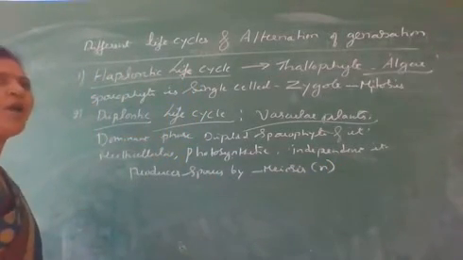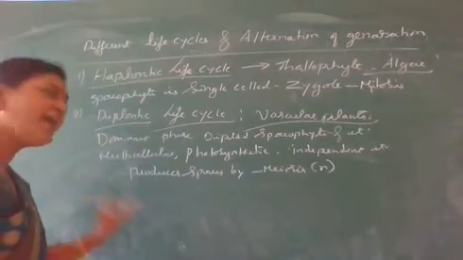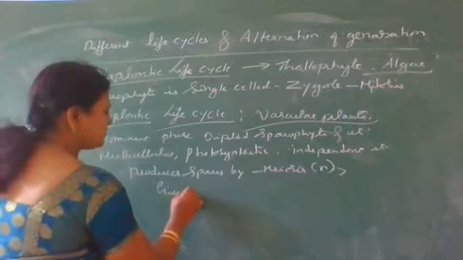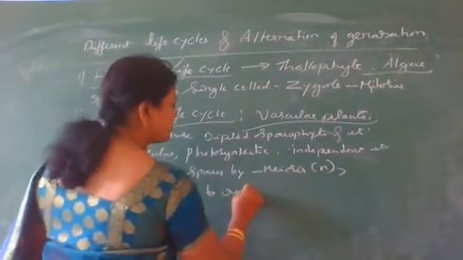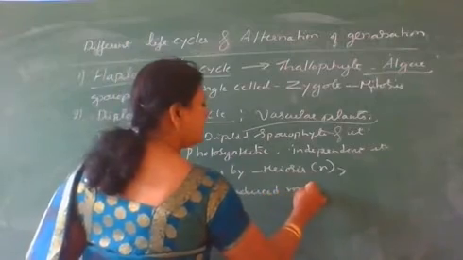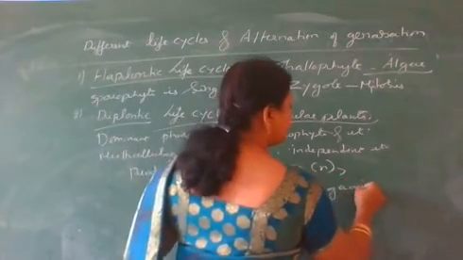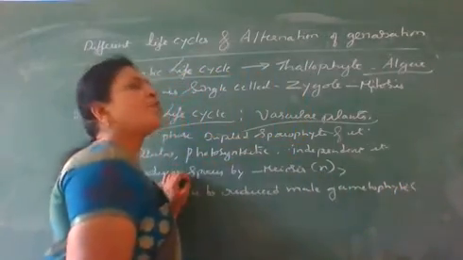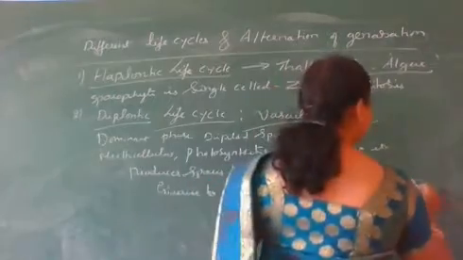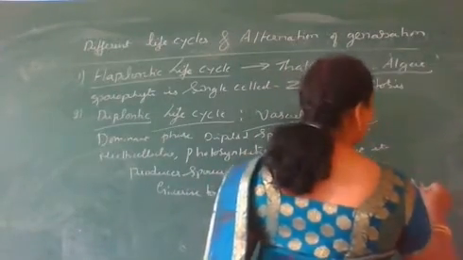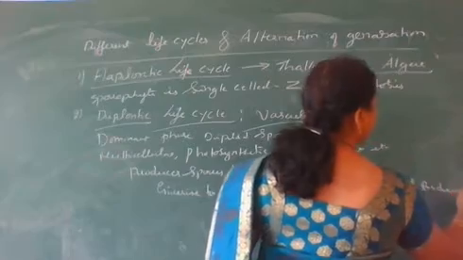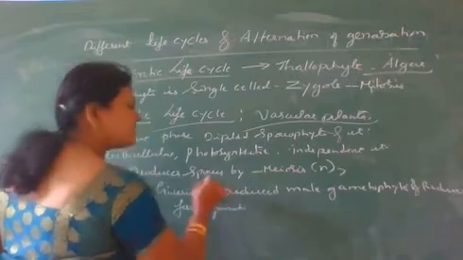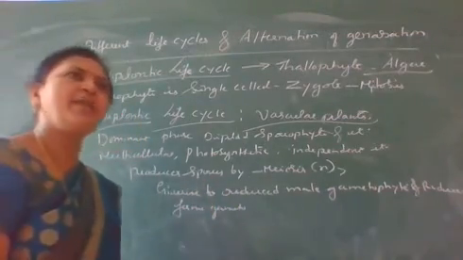This haploid gives rise to a reduced male gametophyte, that is commonly called microspore, or we can say pollen grains, and a reduced female gametophyte, that has male and female gametes.